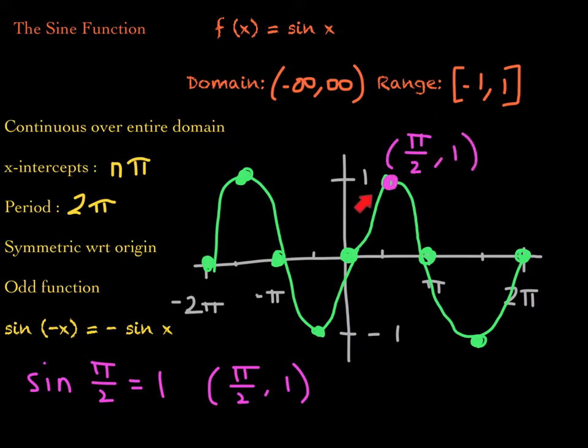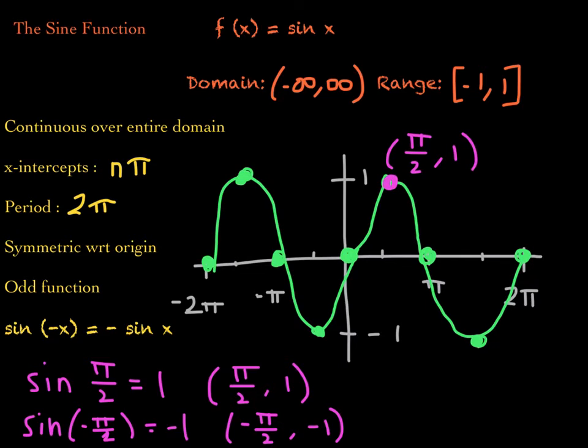Okay, everybody? Now, because the sine function is an odd function, if I negate my input, I negate my output. So that means sine of negative pi over 2 should be negative 1, right? The ordered pair negative pi over 2, comma, negative 1 should also be on the graph.